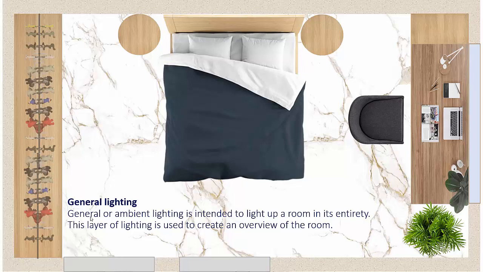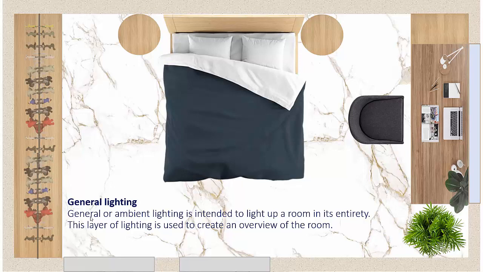Okay, the third step we discussed was observe the styling of the room. So this bedroom is not very contemporary in style, not very traditional, it's more like modern. So I'm going to use downlights for my general lighting. You can also use linear lights, track lights, magnetic tracks, and even adjustable downlights.